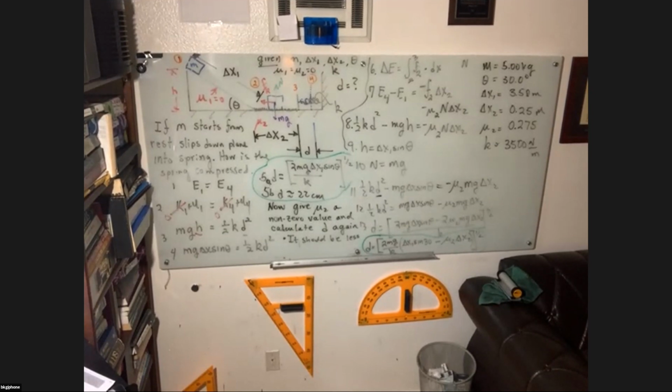So we're going to have 2 times 5 kilograms times 9.81 divided by k, which is 3,500, multiplied by delta x1, which was 3.5 centimeters times sine of 30.